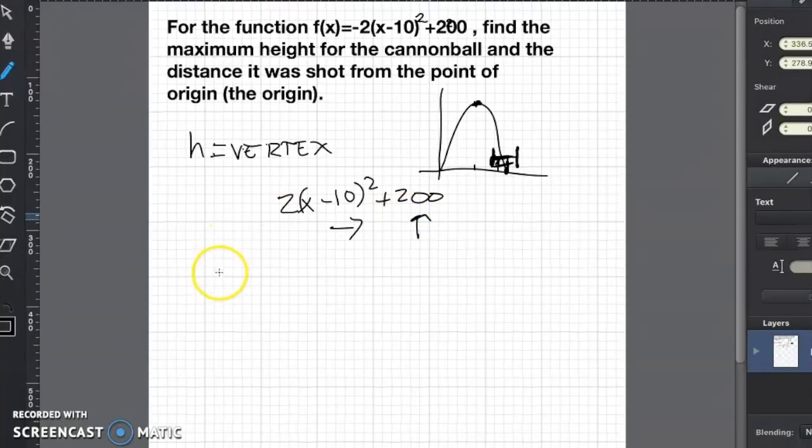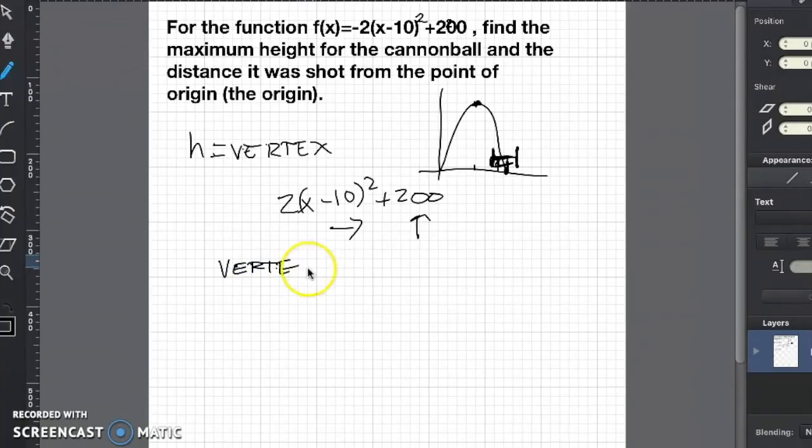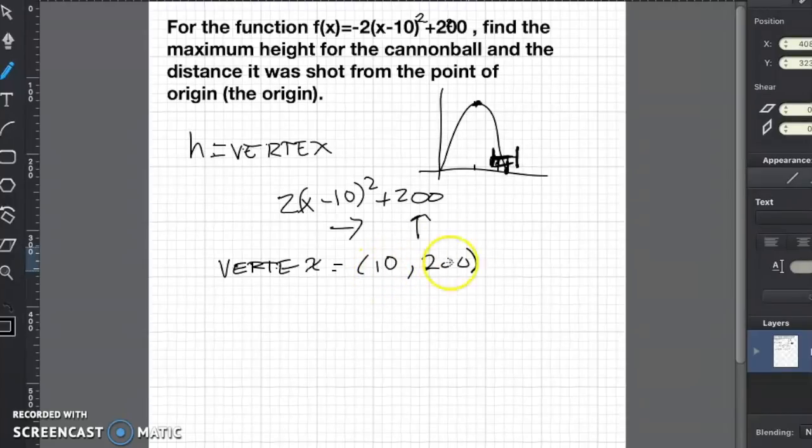And so our vertex is going to be 10 in the positive direction and 200, also in the positive direction. This one is going to be our x value. This one's going to be our y value. So there you go. Our maximum height would be 200 feet.